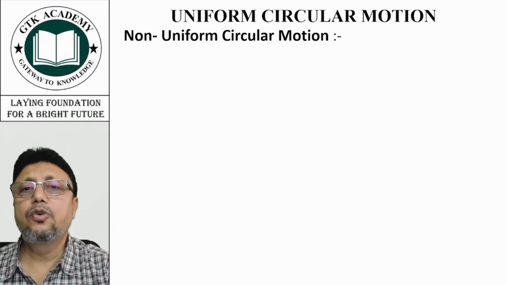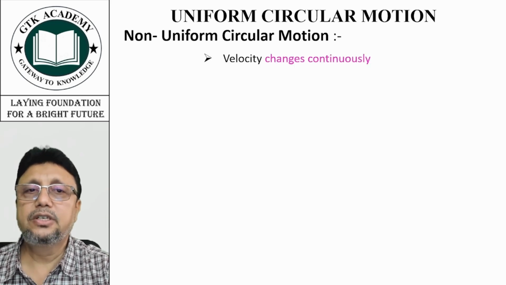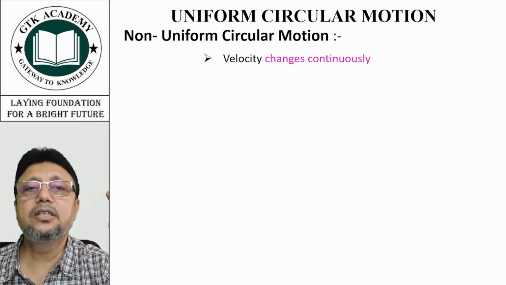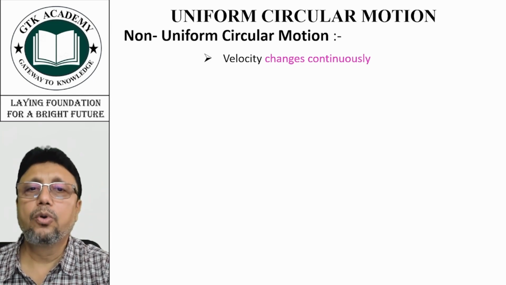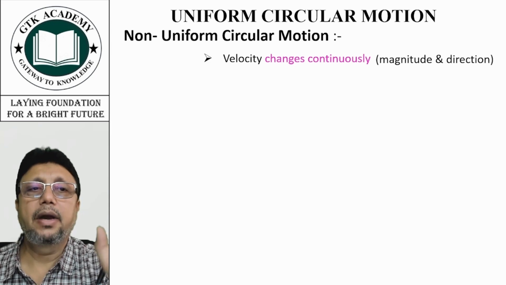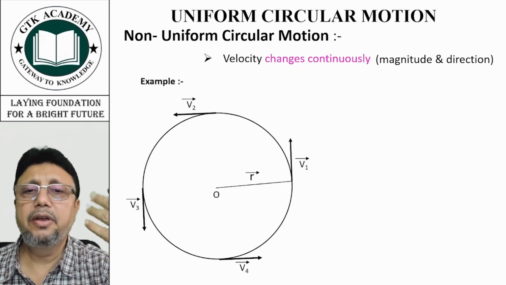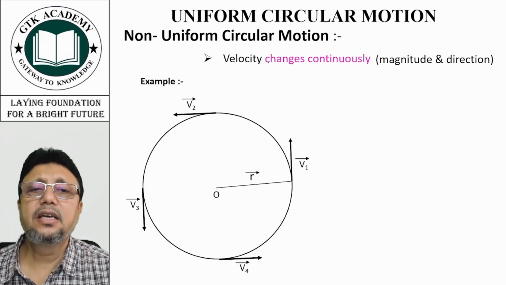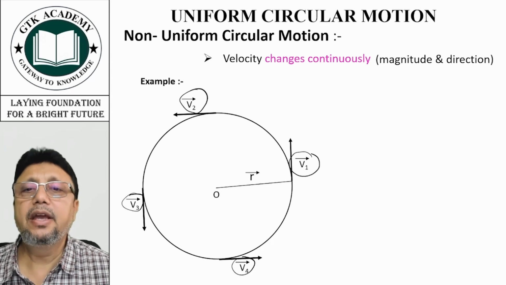Now in case of non-uniform circular motion, velocity changes continuously, but here the change is in direction as well as magnitude. Both are changing, magnitude as well as direction. So what do we mean by that? For example, take the previous case. In our previous case, if it is a uniform circular motion, mod of V1, V2, V3 and V4 will be equal.